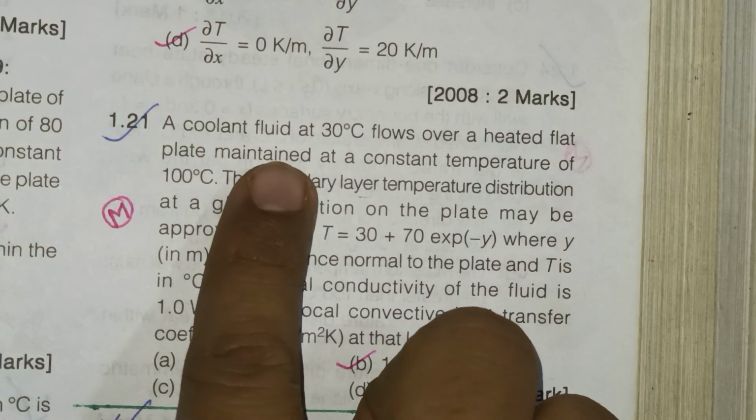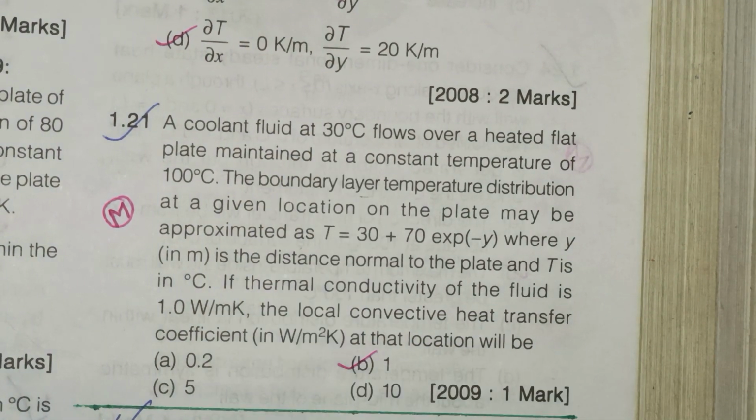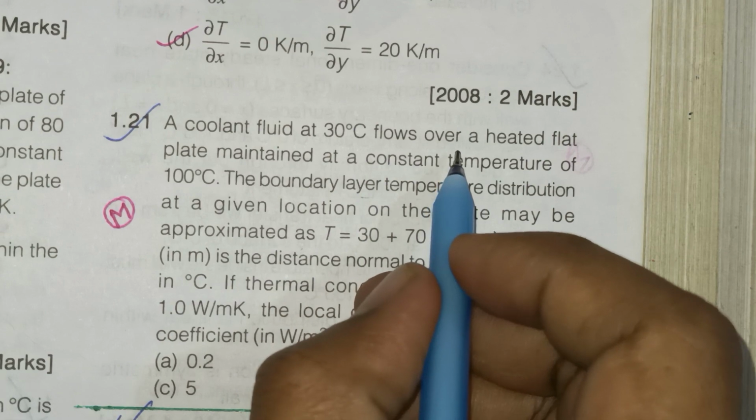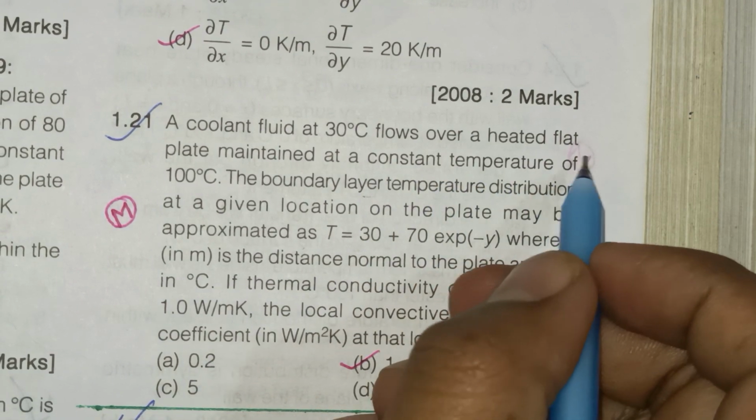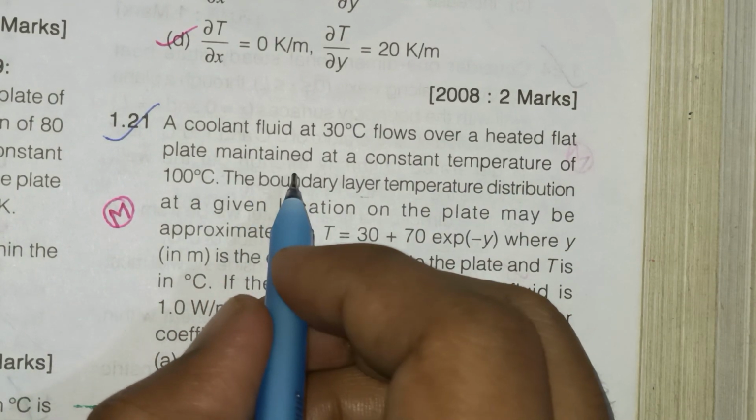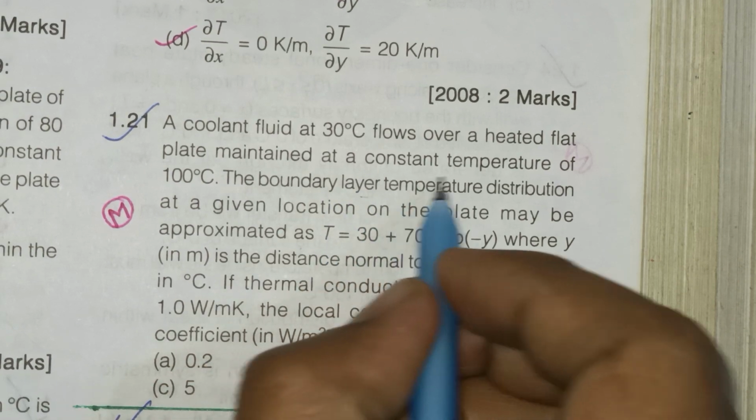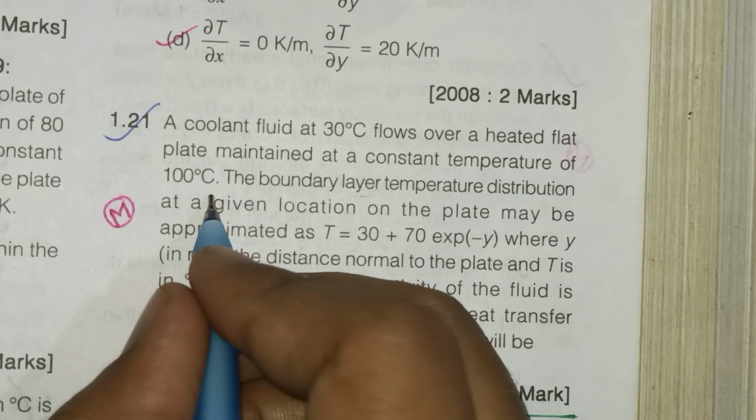a coolant fluid at 30 degrees Celsius flows over a heated flat plate maintained at a constant temperature of 100 degrees Celsius.